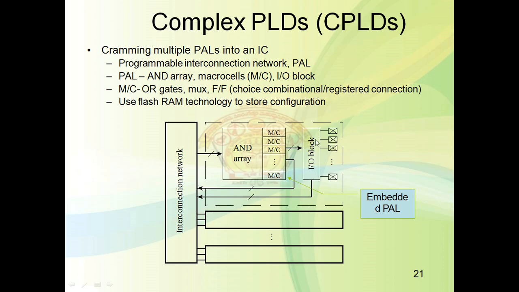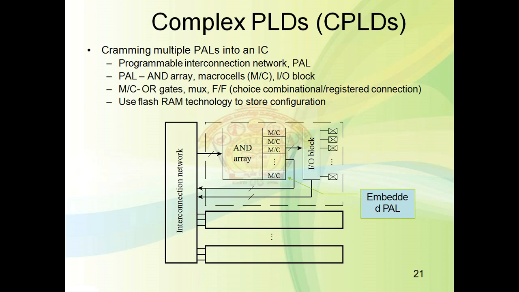So whatever you require, the registered input or output, inverted input or output, that is combinational or registered connection with or without negation, initialization of flip-flop and so on. For that purpose microcells are used.